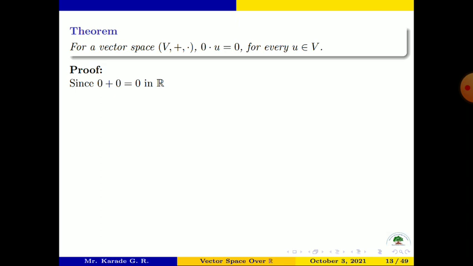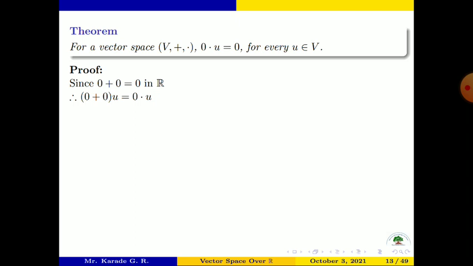In the set of real numbers, if we add 0 and 0 we get 0, and we use this statement. Therefore just multiply by a vector u on both sides, and see what happens.